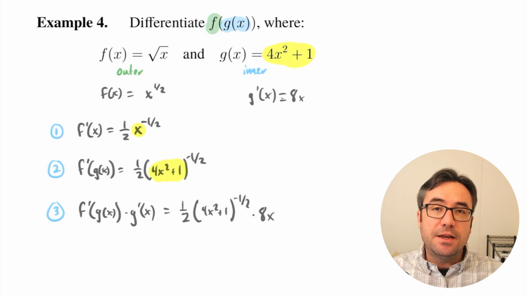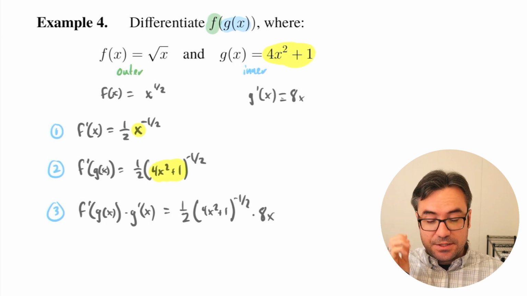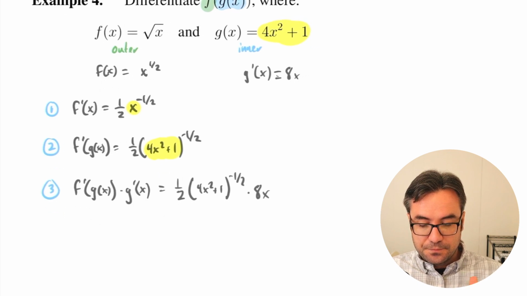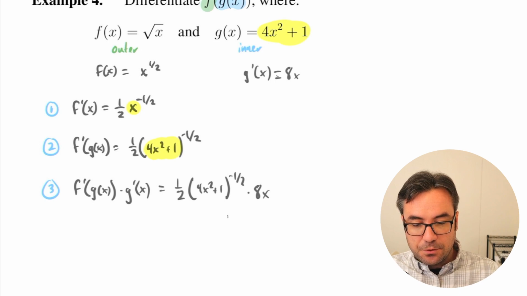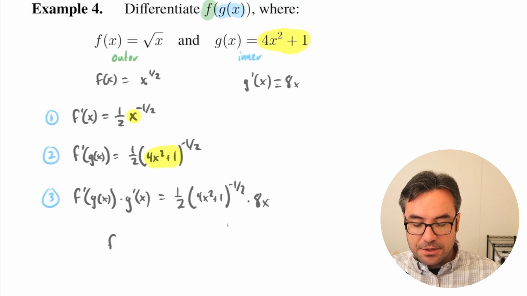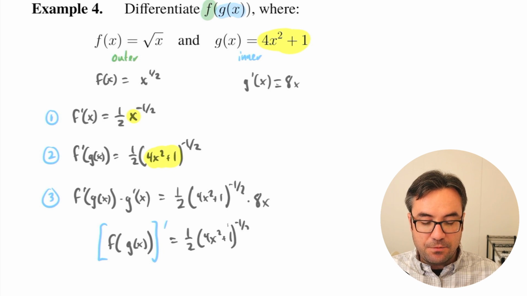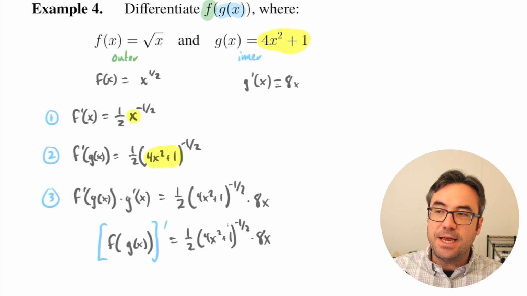And so in this example, this is our derivative. We've differentiated this composite function, and the derivative is equal to 1/2 4x squared plus 1 raised to the negative 1/2 power times 8x.